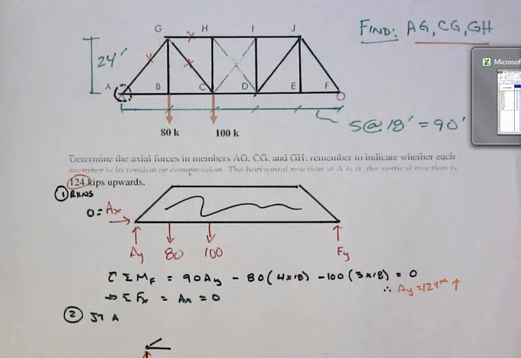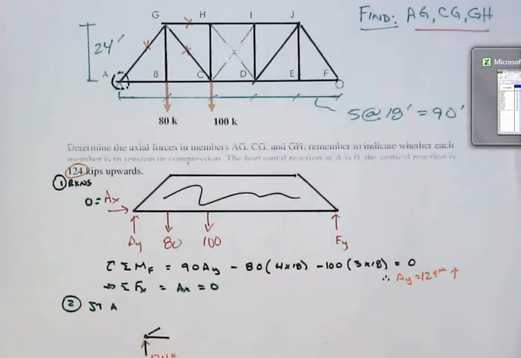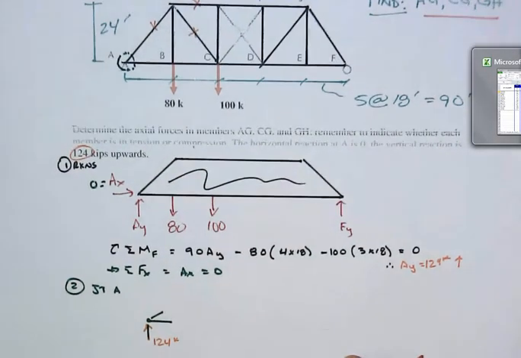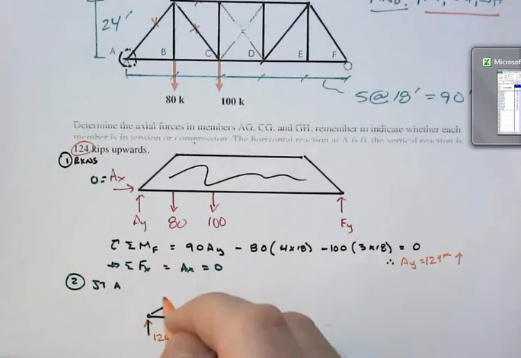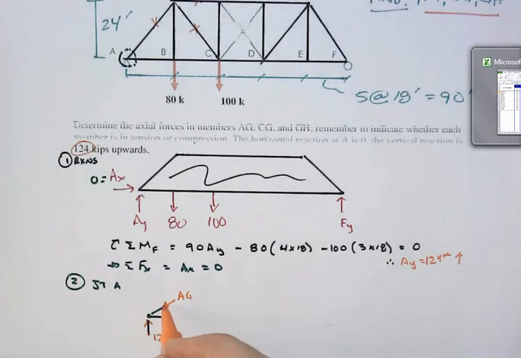We can anticipate that our member force AG is going to have to be directed downwards so that it has a vertical component to oppose the 124, and then likewise because AG then has a leftward component in this free body diagram, that means that AB would be to the right. We don't need that one as far as we know right now, but that at least makes for a complete free body diagram, and that part is certainly important to have.